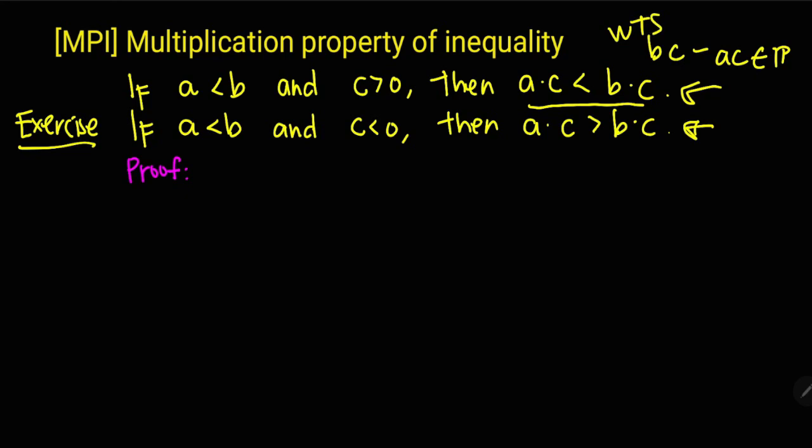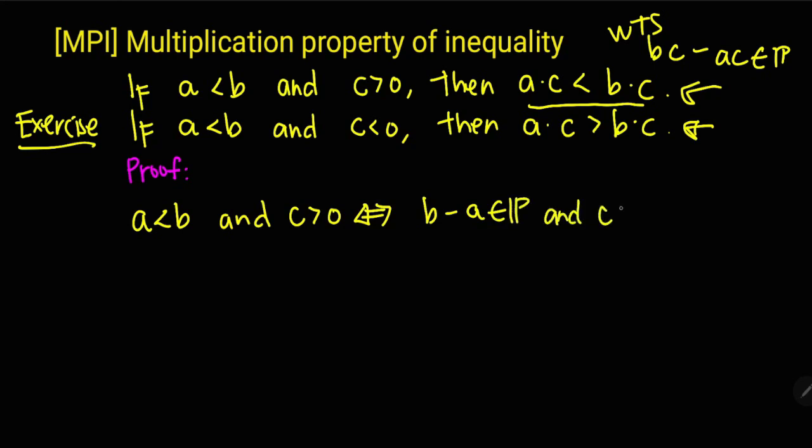From the given, we know that A less than B and C greater than 0 implies, or that's equivalently saying, that B minus A is positive from the first inequality and C is also positive from the second inequality. That's the definition of the order relation.